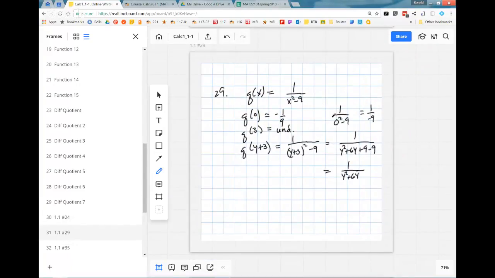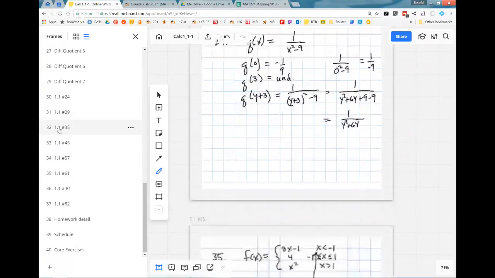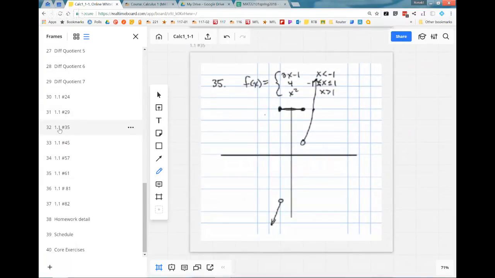Here we have a function q of x equals 1 over x squared minus 9. What's q of 0? You literally plug in a 0 for x, and you get your results. A number of those are really simple.